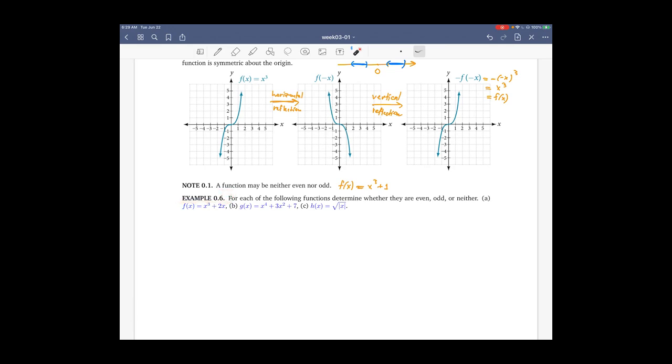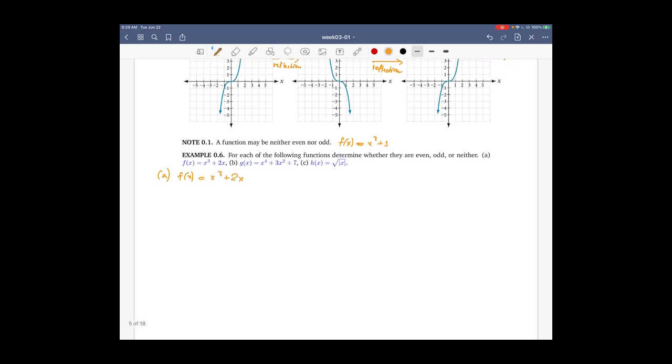In this example, for each of the given functions, we need to determine whether they are even, odd, or neither. Say for the function a, f of x is x cubed plus 2x. I claim this function is odd.